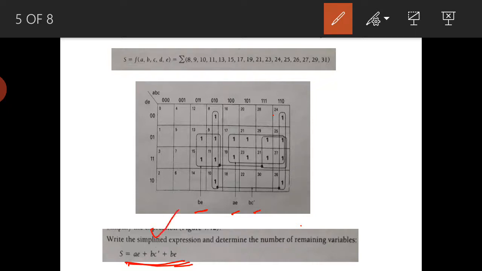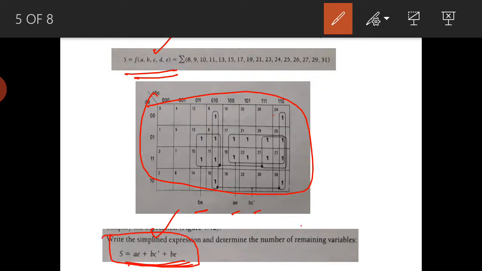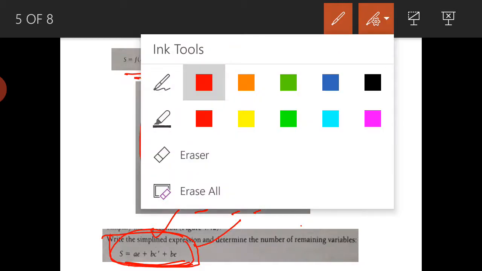If you see the number of variables, earlier it was 5. Here only 4 variables are there, A, B, C and E. D is removed here, means by using the K map it is simplified and D is removed, and the Boolean function is now made up of only 4 variables. Means instead of using 5, by using the K map we have reduced to only 4 variables.